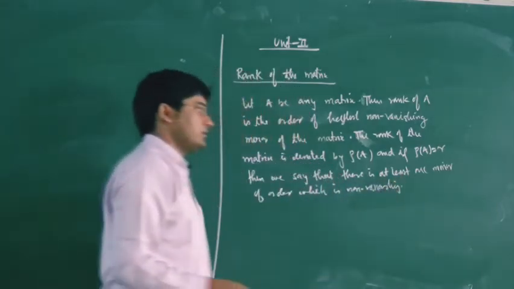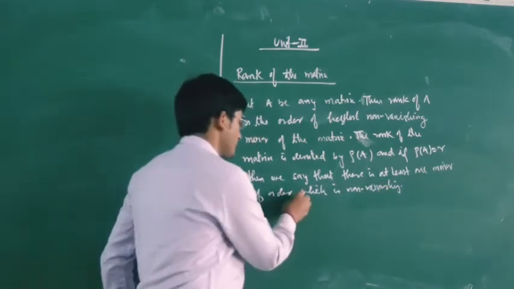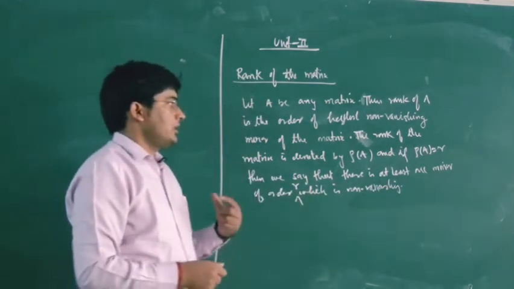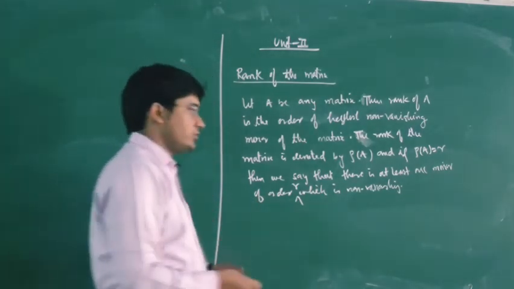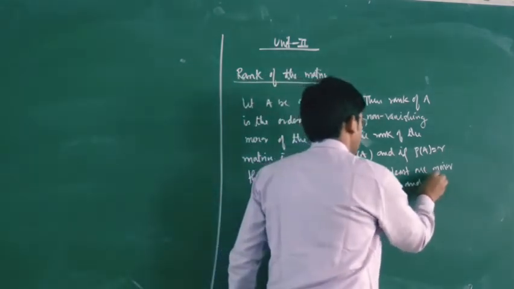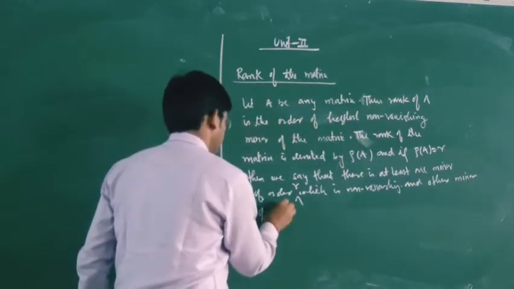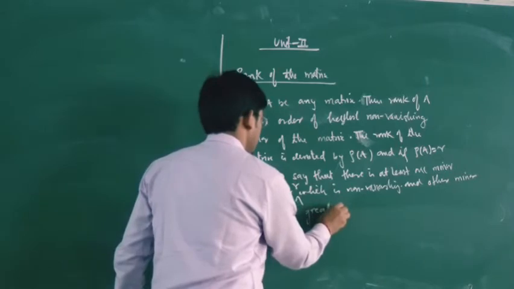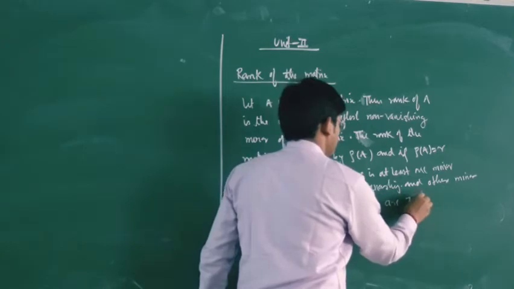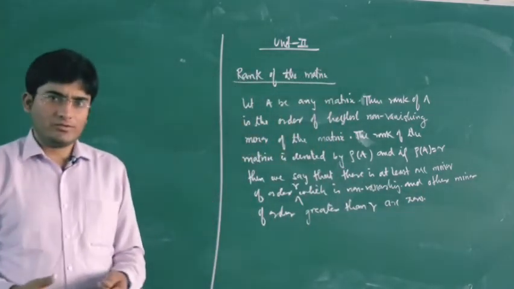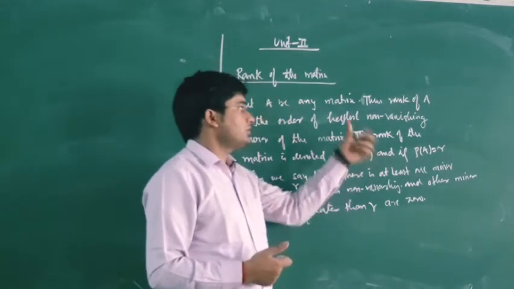So there has to be one minor of order R which is non-vanishing, and all the other minors of order R plus 1 or higher order are 0. So rank of the matrix is basically the order of the highest order non-vanishing minor.